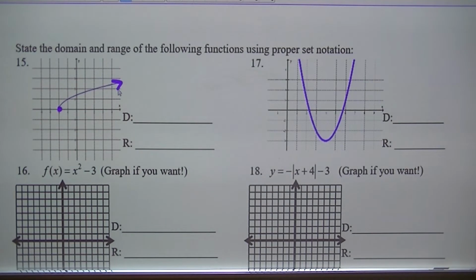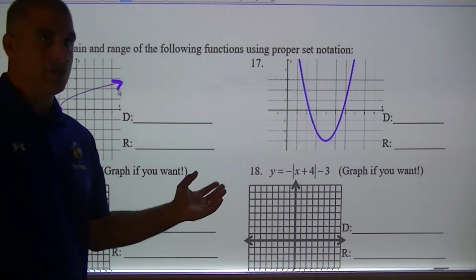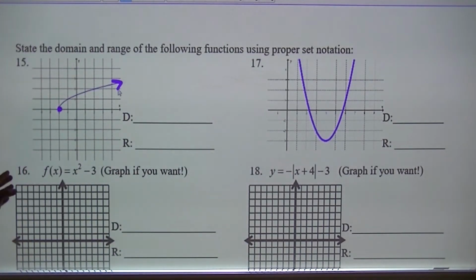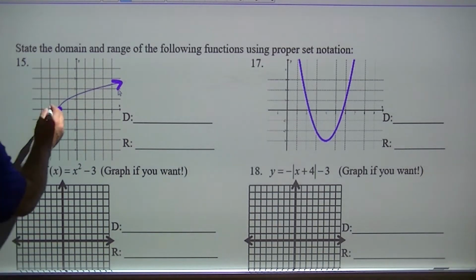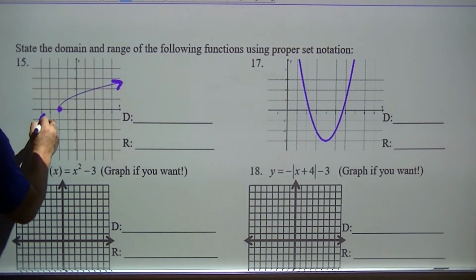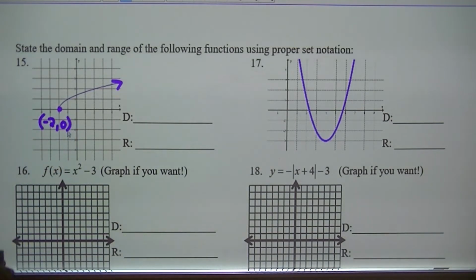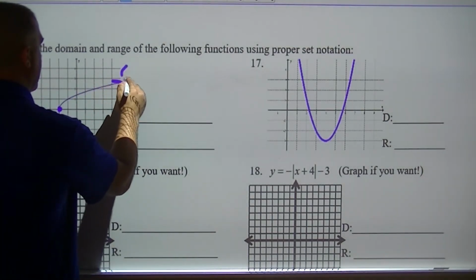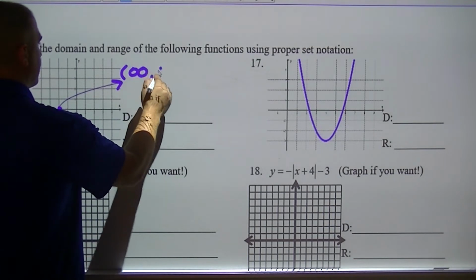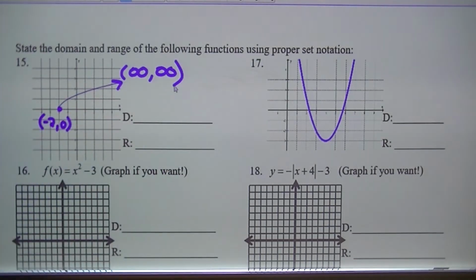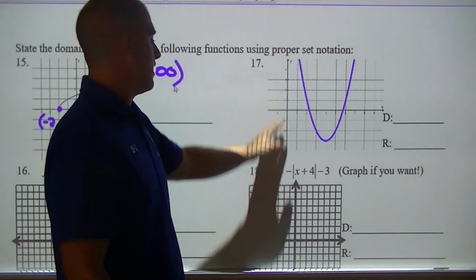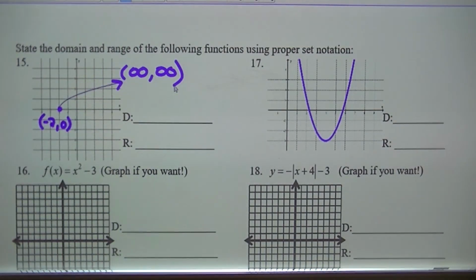Now, doing domain and range is no different than doing the intervals. We want to label our anchors. That's going to be negative 2, 0. If you have a min-max, when we get to the polynomials, you'll do that as well. This is a right arrow, and since it's going up, it is positive infinity. All right, so I'm going to write this in interval notation to make it easier.